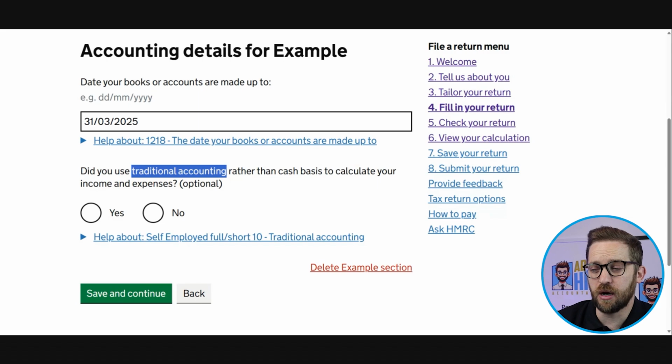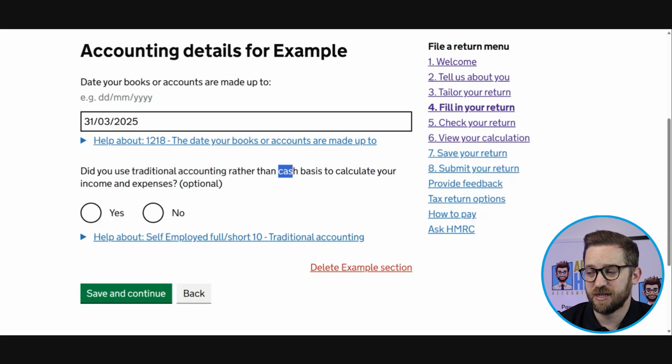If you think about your income, for example, if you raise an invoice to a client at the end of March, but they don't pay it until the end of April, well, under traditional accounting, you need to account for that one at the end of March because it's already earned. Under a cash basis, they haven't paid it, so you're not going to account for it in this tax year. It would go into the next one. So I'm going to say no because I'm happy that I've used the cash basis, and I'll continue.